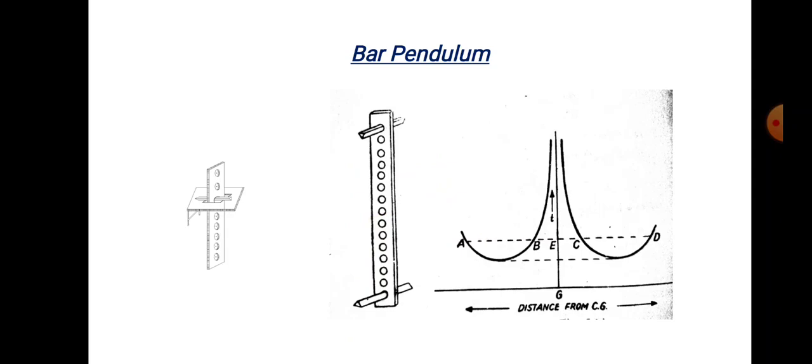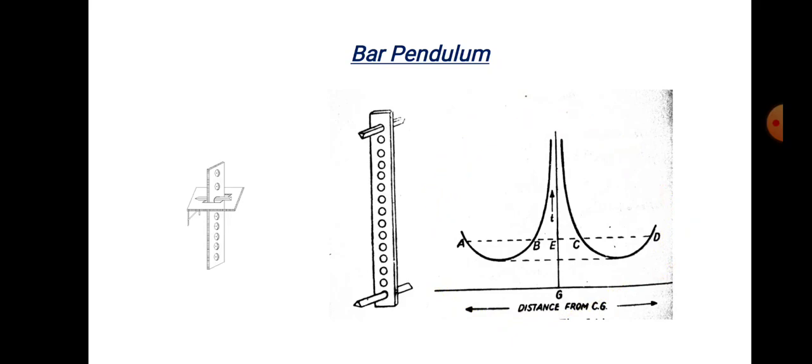Then you will get the data for 20 oscillations, and we have to calculate the time period for one oscillation. Now see the graph here.